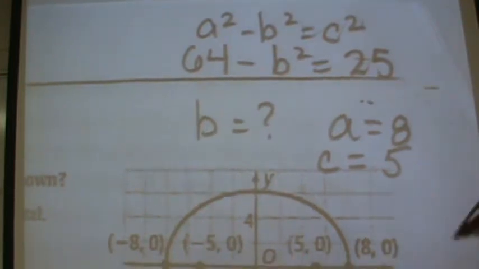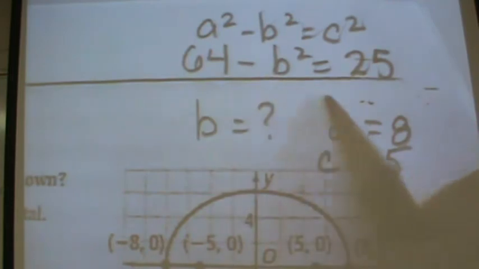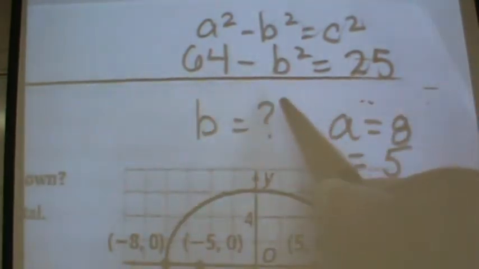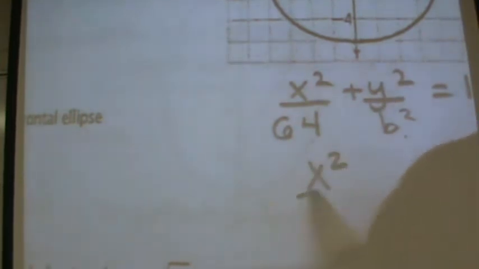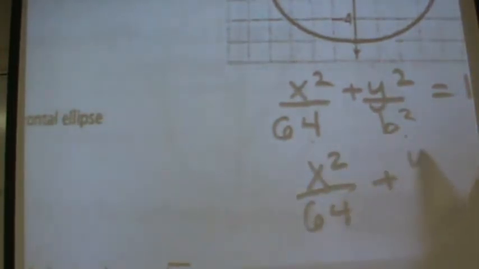Okay, and you're going to end up getting b squared is 39 when you do this. When you subtract 64 and divide by negative 1, b squared is going to be 39. So 39 is what goes here. x squared over 64 plus y squared over 39 equals 1.